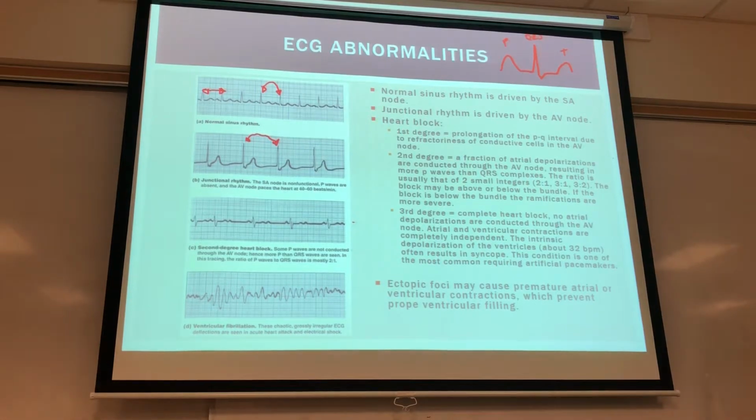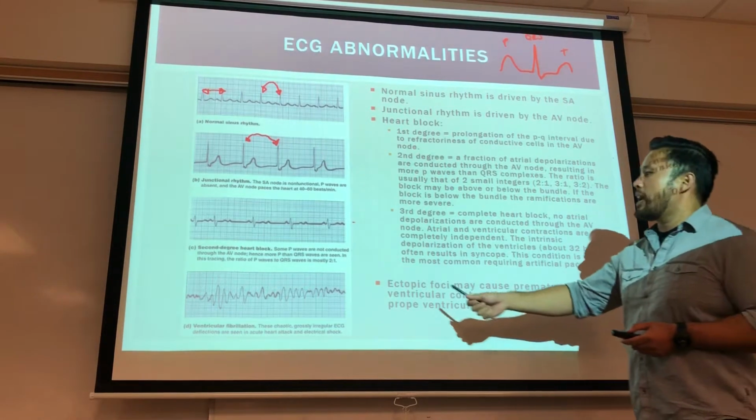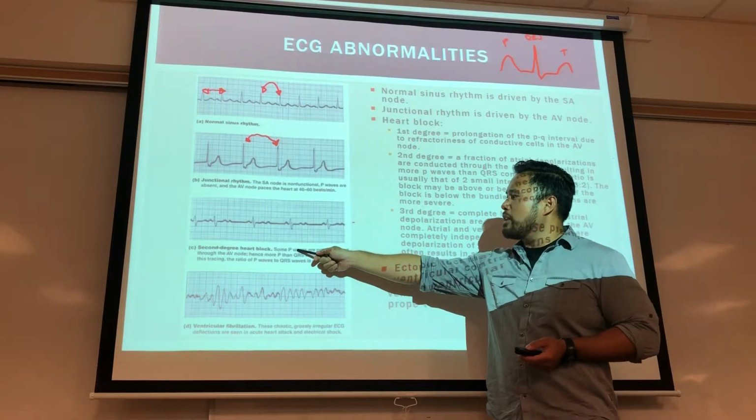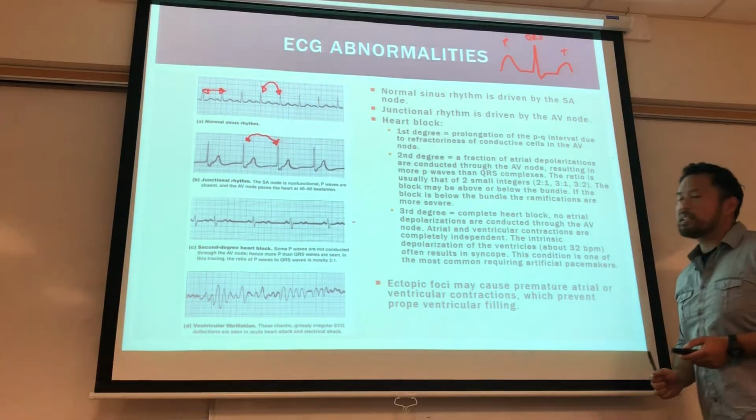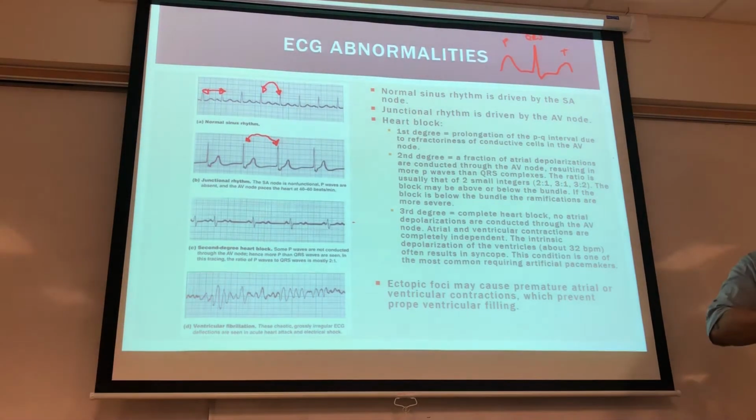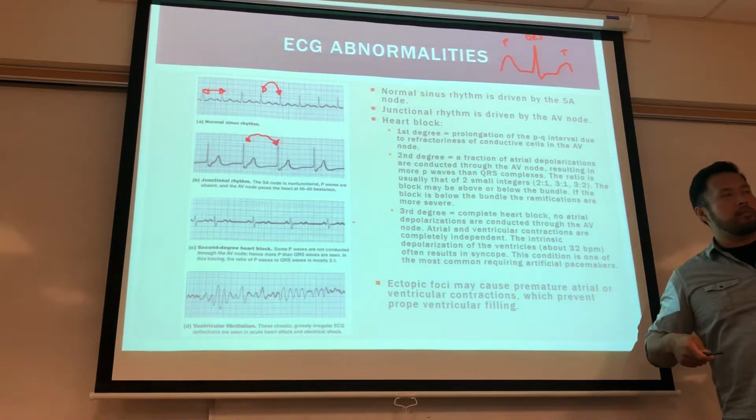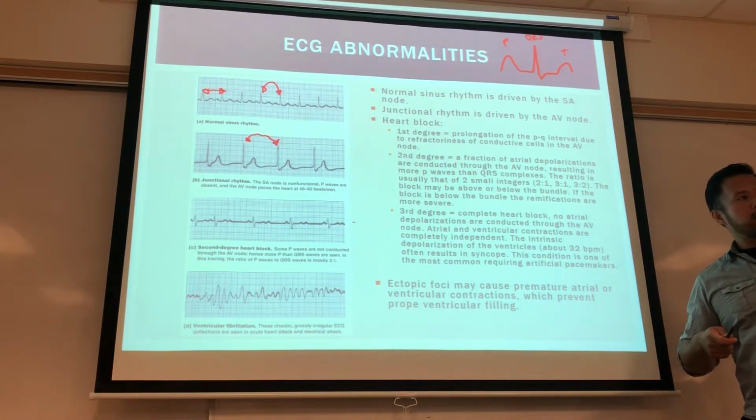Now, the second degree heart block. Here you can see the second degree heart block. This basically is saying that not all of the atrial depolarizations make their way over to the AV node. So the SA node is firing 100 beats per minute.